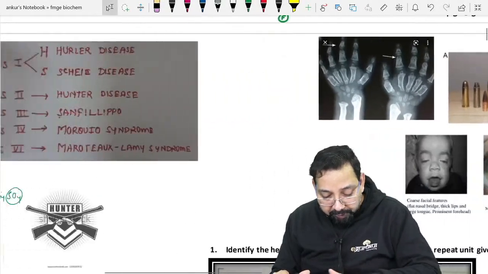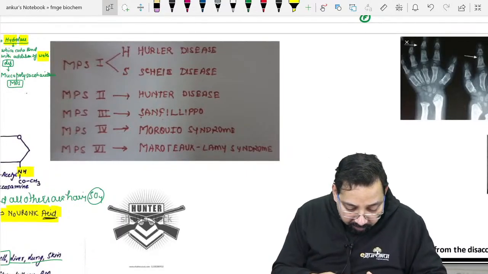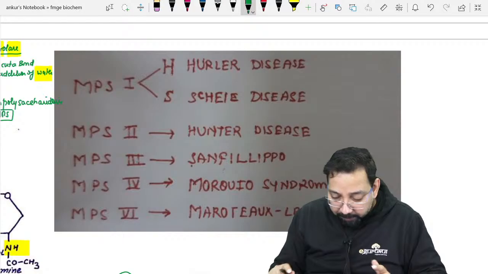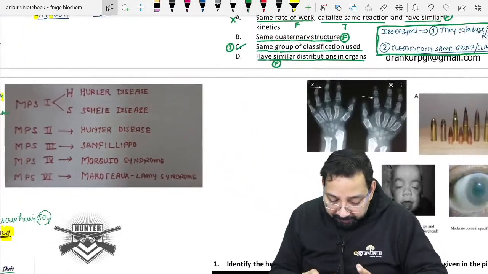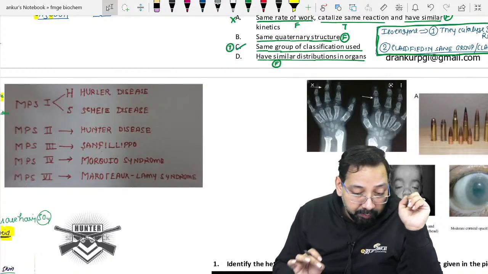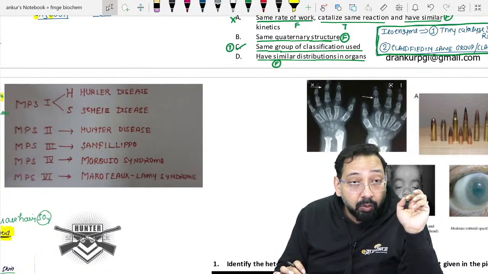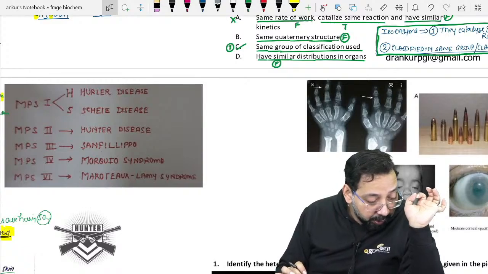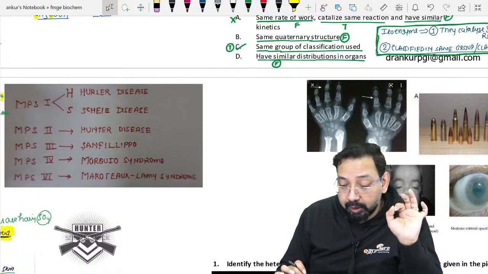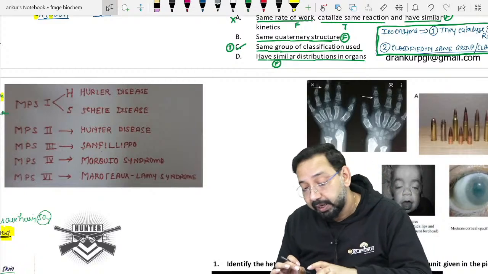I will discuss all of them one by one: mucopolysaccharidosis type 1, 2, 3, 4, 6. All mucopolysaccharidoses have more or less common symptoms. Only one or two are different, and on the basis of those we make the clinical diagnosis. In exams questions are asked, so I will tell you how you will differentiate.